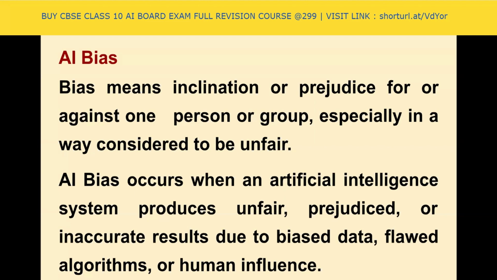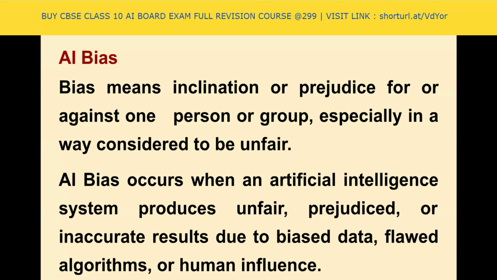AI bias occurs when an artificial intelligence system produces unfair, prejudiced, or inaccurate results due to biased data, flawed algorithms, or human influence. Okay, so basically, you are doing something against one person or a group of persons based on some kind of prejudice you have against those persons and group of persons.